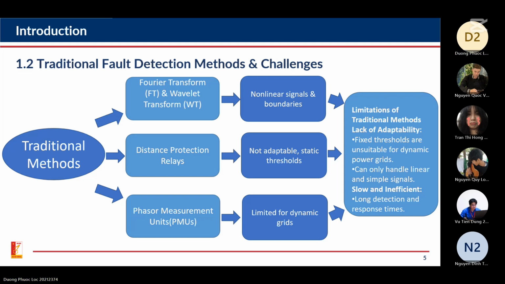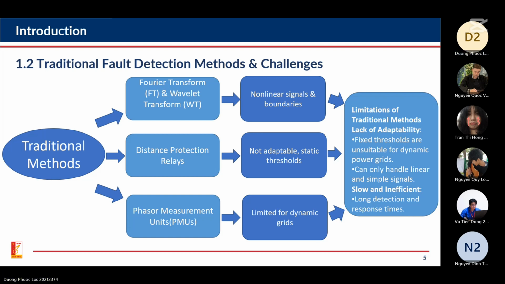And distance protection relay is not adaptable because of its static threshold. And finally, phasor measurement units are limited for dynamic response.